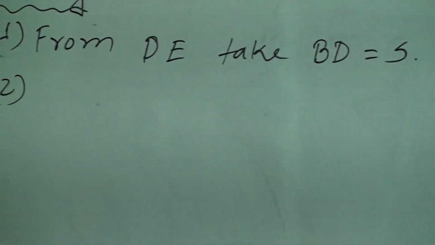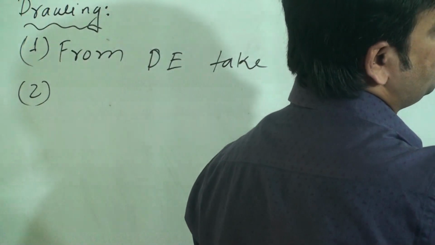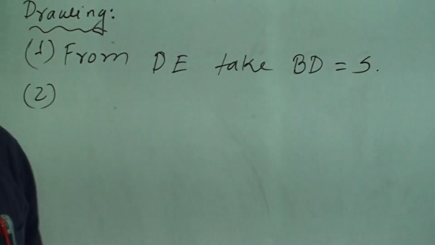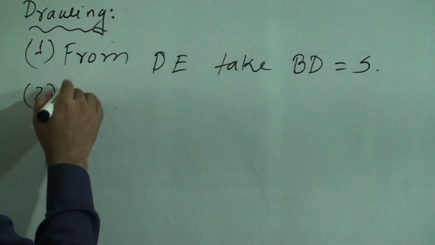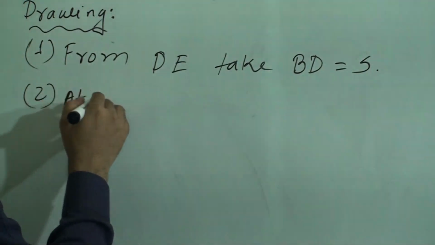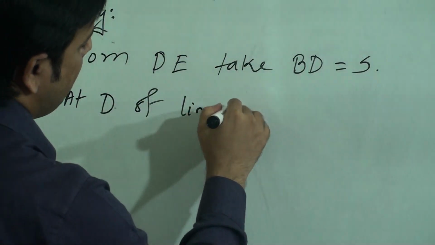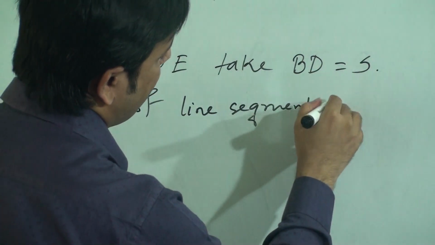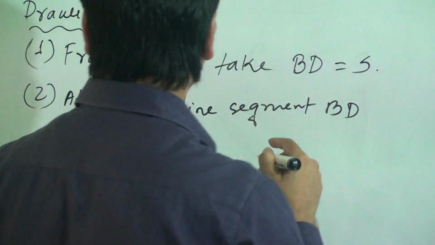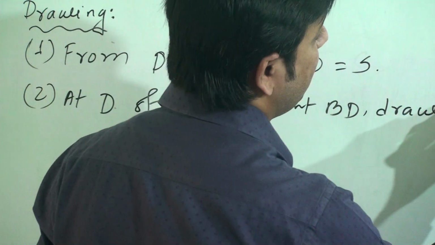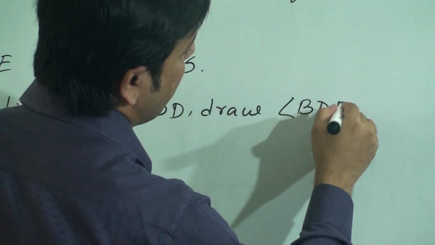Then what have we drawn? In step 2, we have drawn half of angle X at D. It means angle BDF is equal to half of angle X. So we can write: at D of the line segment BD, draw angle BDF.